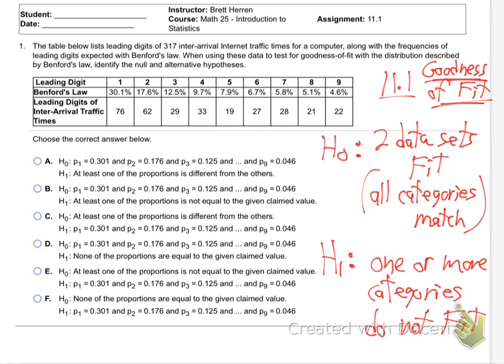So the null hypothesis is the two data sets match, or they fit, meaning all the categories are about where they should be. The alternative is, nope, one or maybe more than one category is off of where it should be, somewhat significantly off.